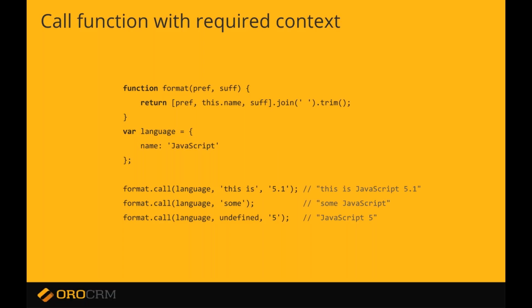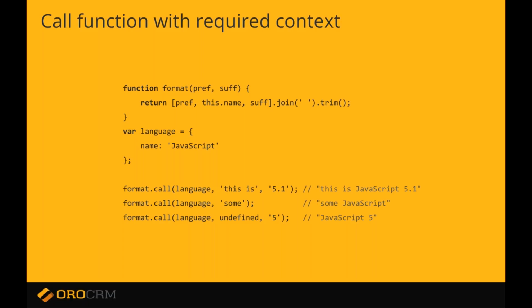The function will wrap these variables into an array. After that, join them with a spacer, and after that, trim the leading or trailing space if it exists. And let's create some context like object language with name JavaScript.